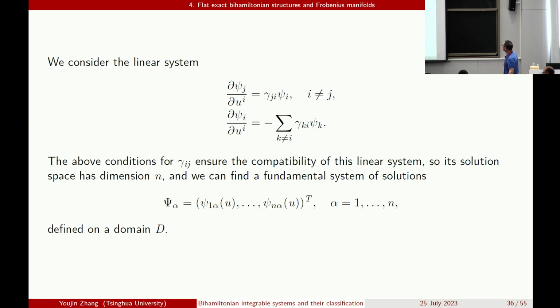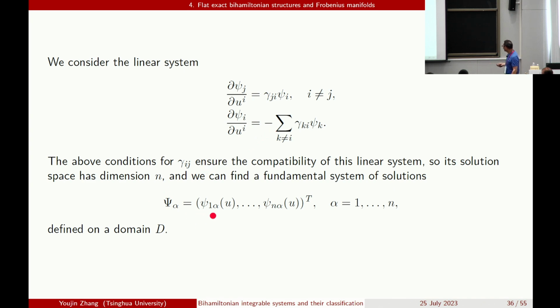This construction is actually standard, given by Dubrovin's construction starting from any so-called flat exact bihamiltonian structure. Given these rotation coefficients gamma, we can consider this linear system, which has spatial dimension n.